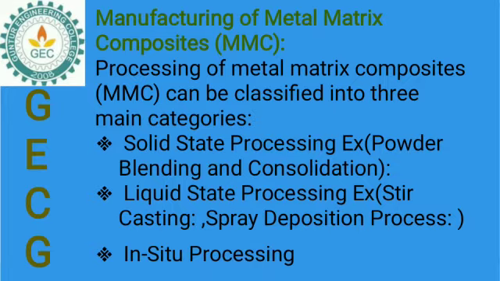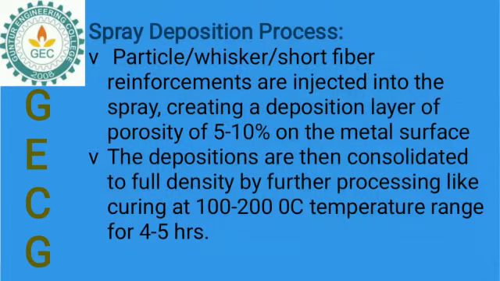In solid state processing, examples are powder blending and consolidation. Liquid state processing examples are stir casting and the spray deposition process. In this lecture, we are mainly discussing the manufacturing of metal matrix composites by the spray deposition process.